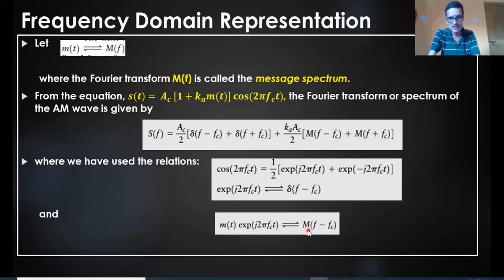It is simply M of f minus fc. So I have again two terms here, that is Ka Ac by 2, M of f minus fc plus M of f plus fc. A frequency spectrum of M of f is shifted by minus fc and plus fc. Okay, so this is how I can write it by applying the Fourier transform to the standard equation of AM.